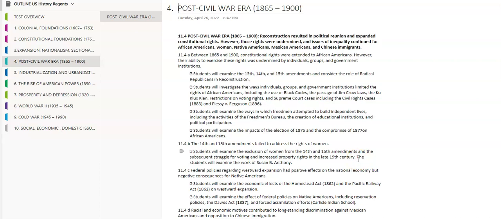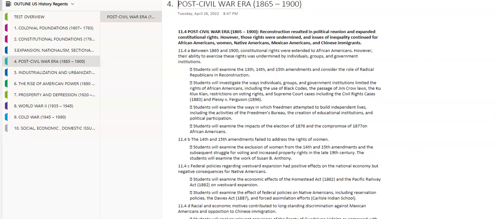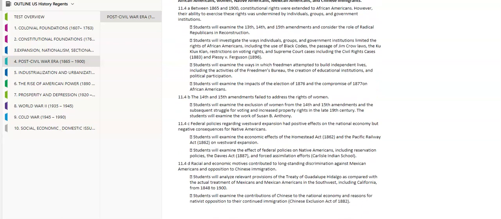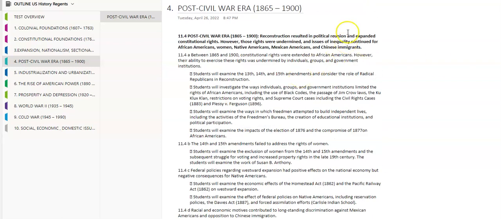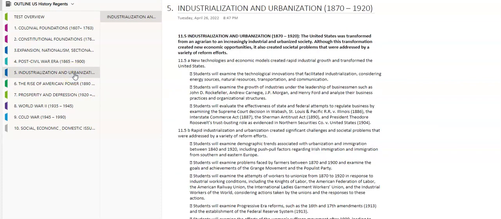You had the Native Americans who were now being really seriously pushed off their land in the West. So there's a whole set of problems that come up in the post-Civil War era. Another overlapping era here, 1870 to 1920, industrialization and urbanization.